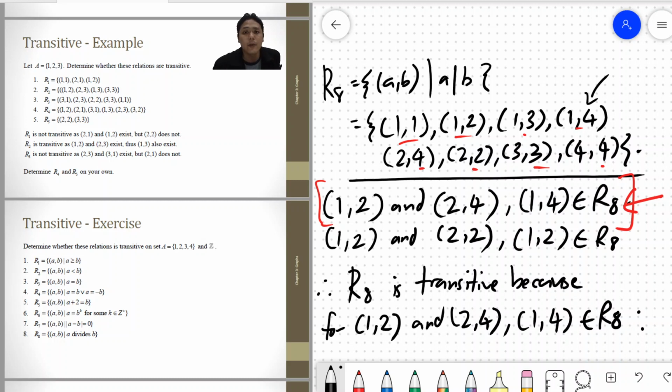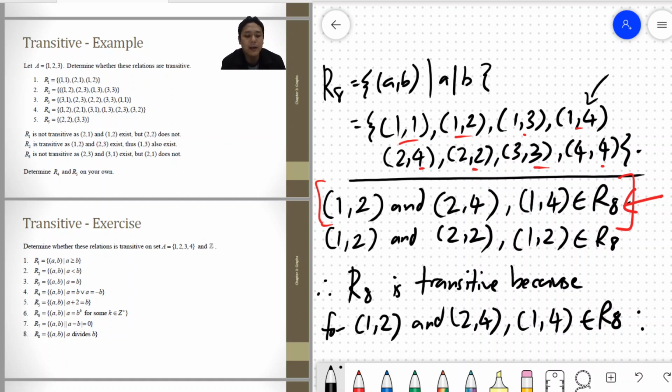As you realize, we only discuss the types of relation that happen in the case of the finite set 1, 2, 3, 4. In another video, a bonus lecture, I want to focus solely on the case of infinite sets. If you look at the slide on the left, determine whether this relation is transitive on set A, 1, 2, 3, 4 and Z. Z is the integers, a set of infinite integers.